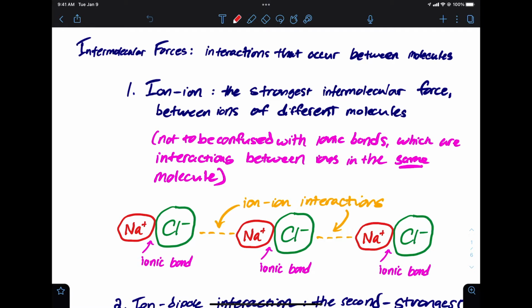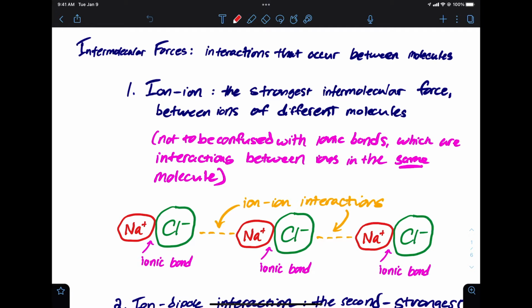So we'll start first with the ion-ion interaction. Now, these types of interactions are often omitted from a discussion of intermolecular forces because they're very similar to the ionic interactions that you get in an ionic bond. So I want to make a distinction here. It's a very technical distinction.